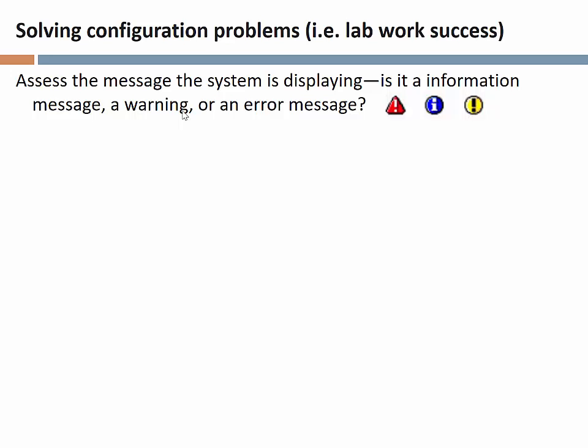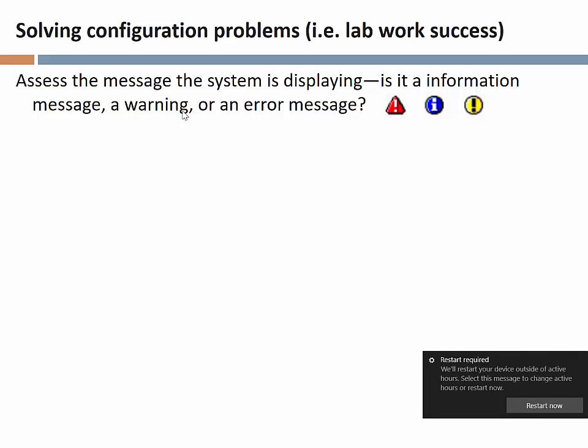Now, there are, in fact, two different ways that you can see messages come from the system. If this is an obviously highly sophisticated drawing of the SAP GUI window on your computer, messages will show up either down here in the bottom left corner in the, I think this is called the status bar, or sometimes you'll have a dialog box appear.